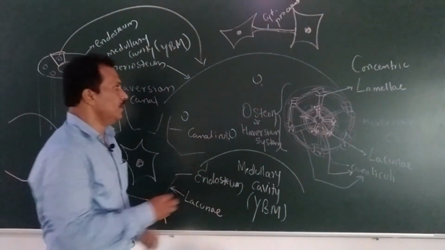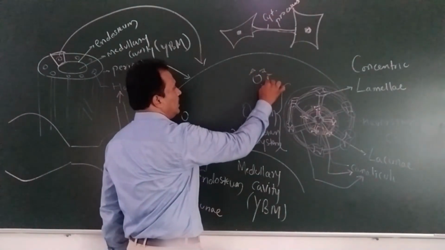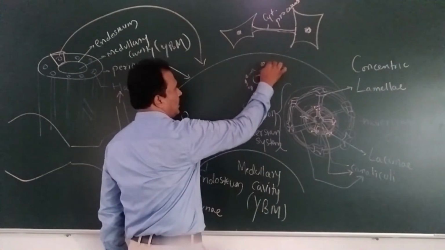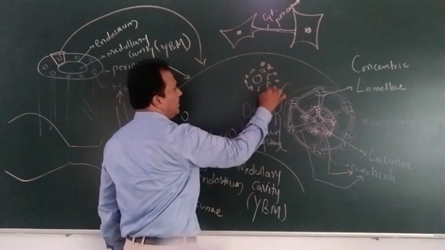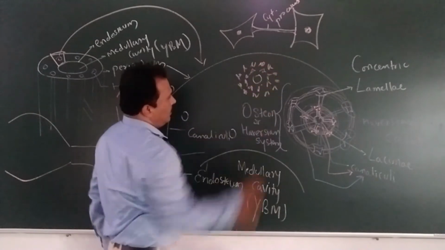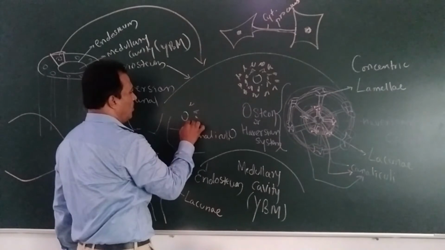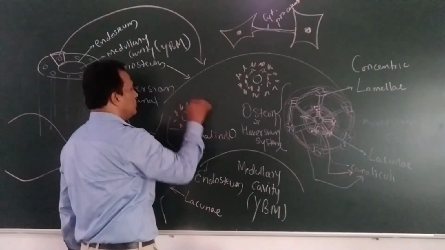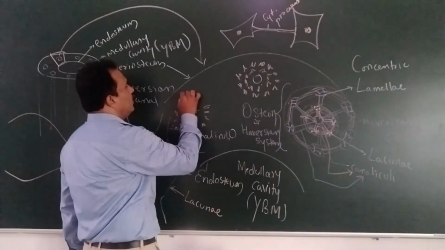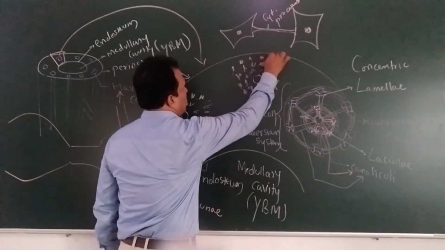Similarly, you will find surrounding this Haversian canal another layer. These are the osteocytes, the presence of one lamellae, and another lamellae, another concentric layer. Here similarly you will find one layer of osteocytes, another layer of osteocytes, and another layer of osteocytes, the concentric lamellae.